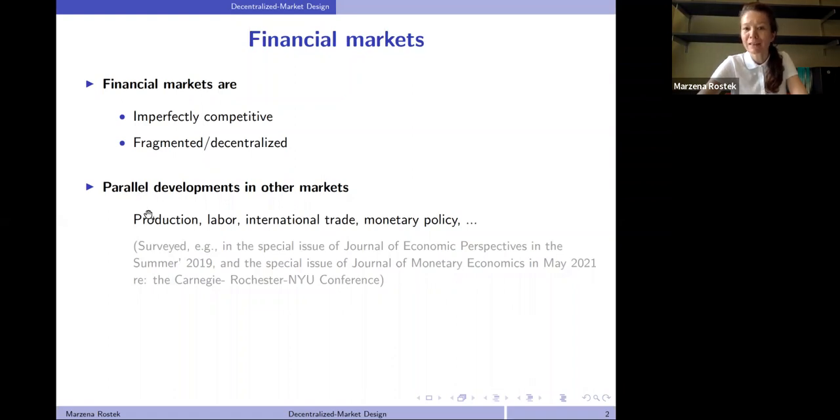Data on market concentration and spatial data on market fragmentation continue to be reported for virtually every sector of the economy. Production, labor markets, international trade, monetary policy, and other markets which have traditionally been analyzed using competitive models of markets which are centralized in some sense.